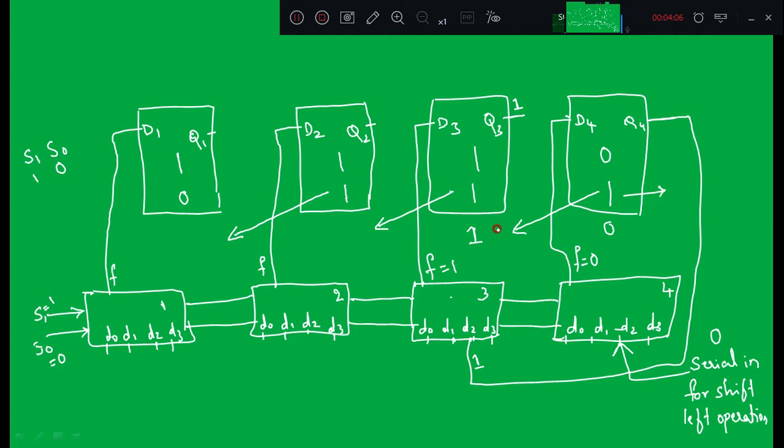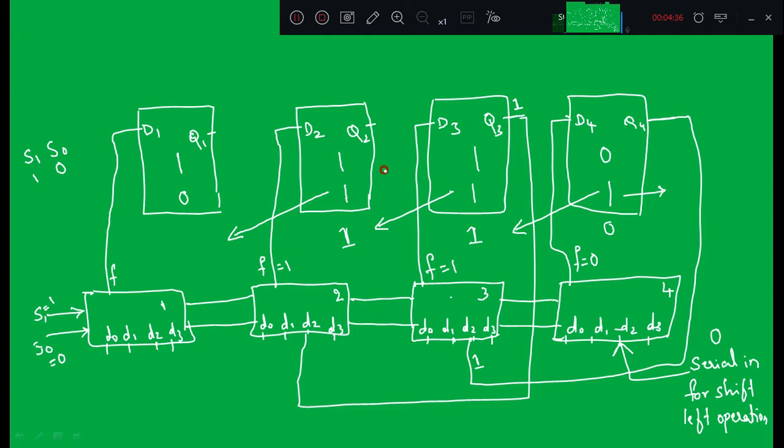Now again we'll take this Q3 and connect it to D2 of the second multiplexer. Q3 was previously 1, and when this is connected to D2, this mux selects D2 and its content is 1, F is equal to 1, which is connected to D2. That means Q2 will become 1. So this one will shift towards left.